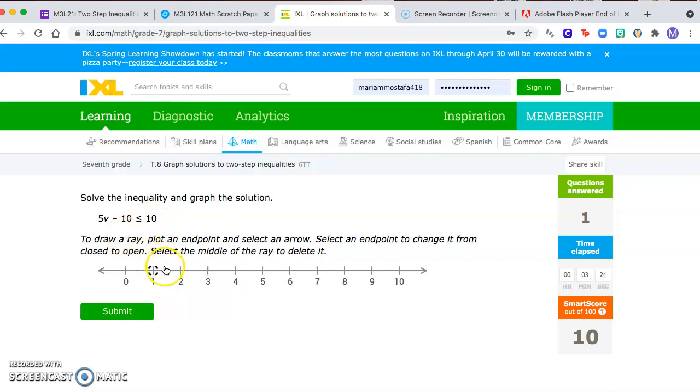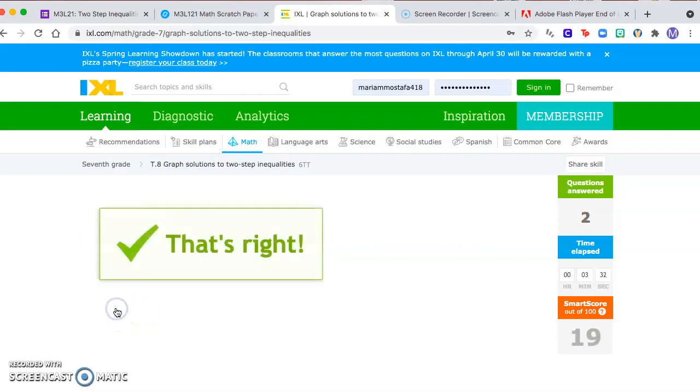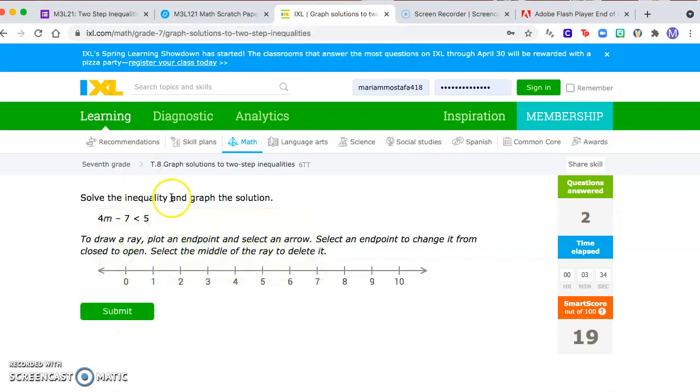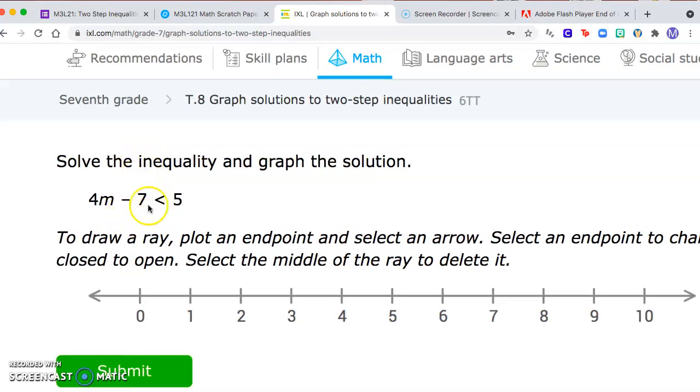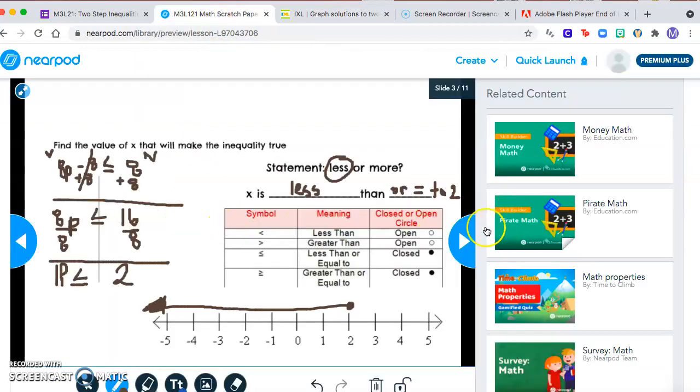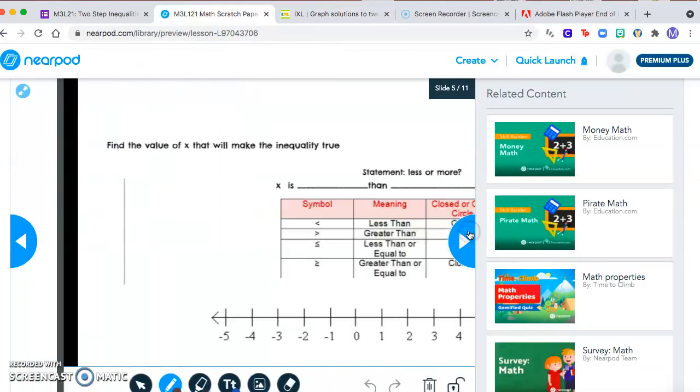So this would be v is less than or equal to 4. But I did want to show you there's sometimes the constant is going to be on another side. That's okay as long as you know that you have to get rid of the constant first.